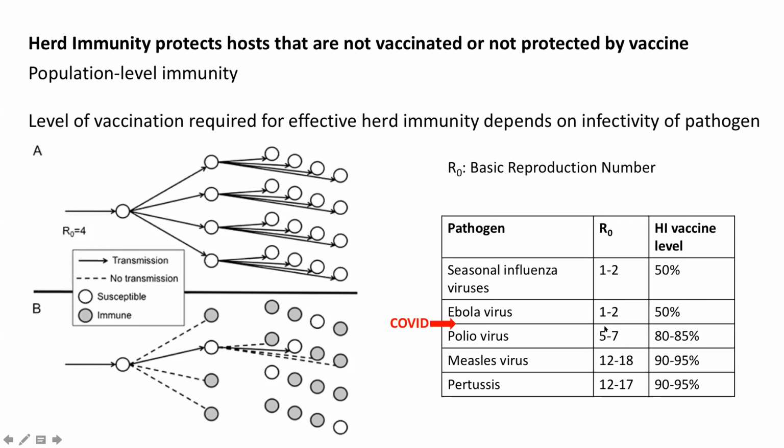But basically, you estimate an index of how transmissible a virus or pathogen is, and then how much of that population would need to be vaccinated to have herd immunity. COVID is estimated to fall somewhere in between Ebola and polio here. So you can imagine that somewhere between 50 and 80% of the population would need a protective vaccine in order to really stop the pandemic through vaccination.